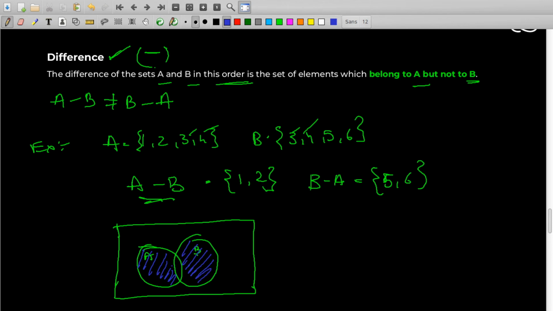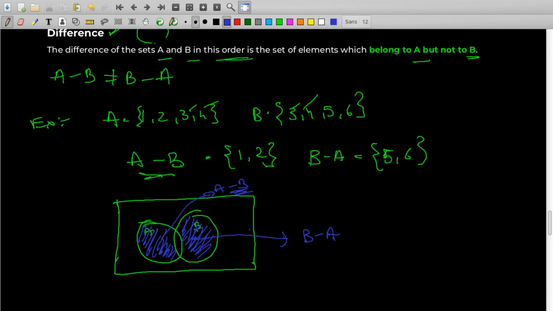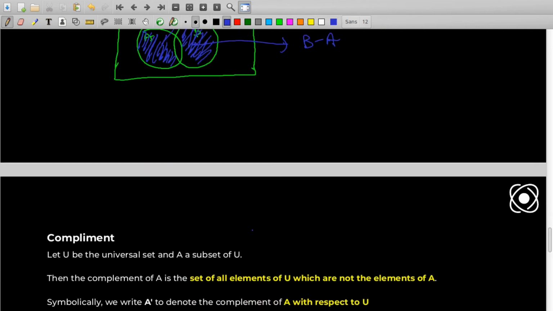So that is how you find it. Whatever elements lie in this area will be A minus B, and whatever lies in this area will be B minus A. So that was the third operation. Again, it's a simple operation, minus or difference. I hope you understood that.